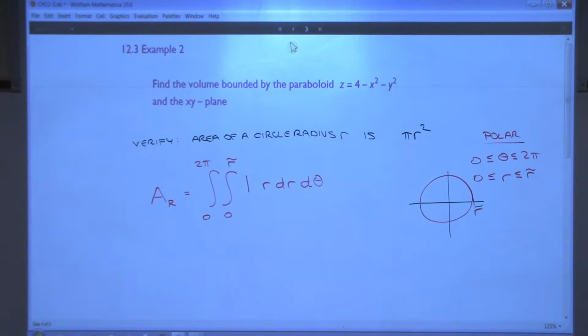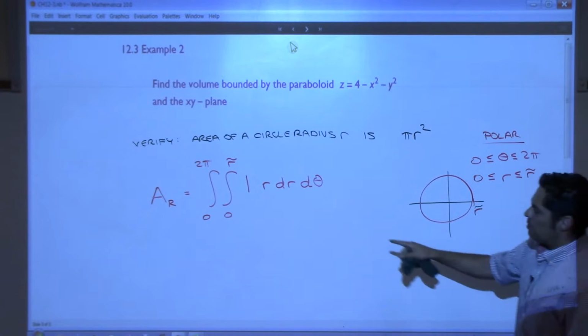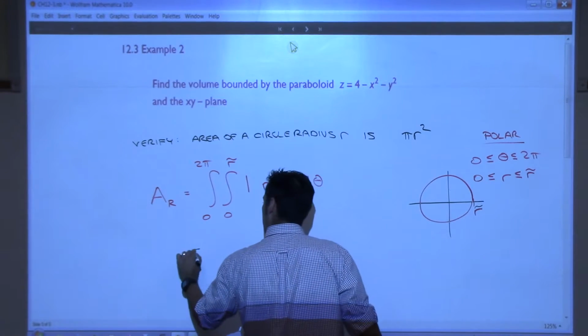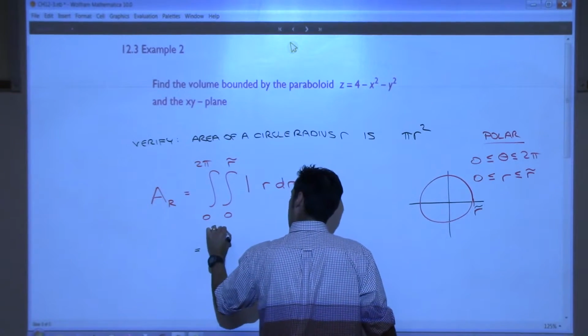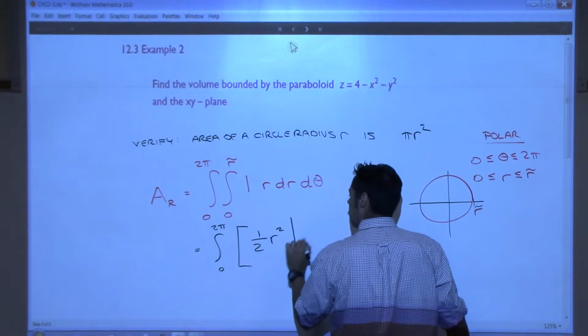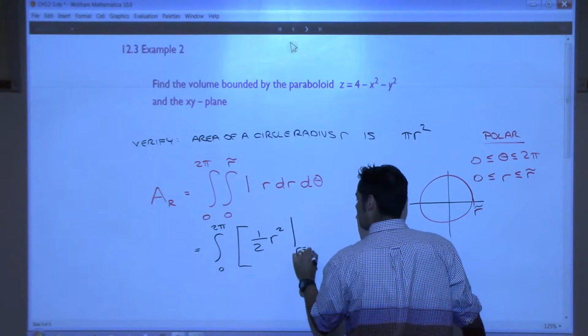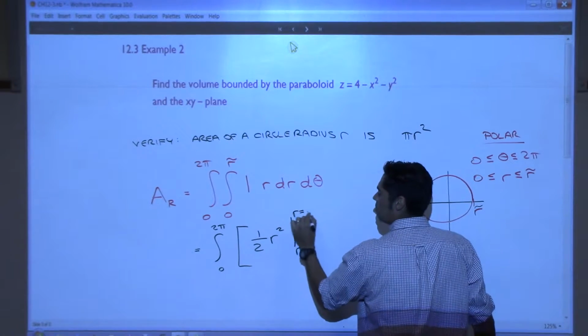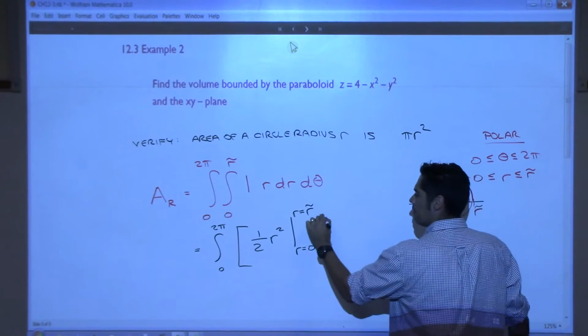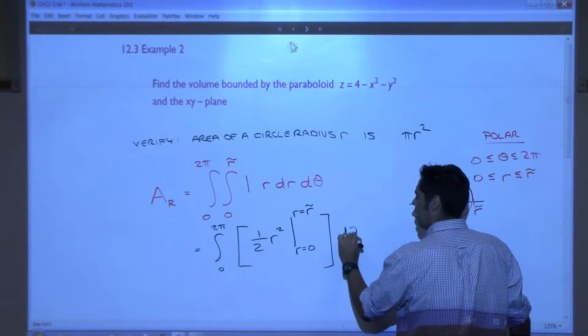Now, I could skip this one, but it's worth us finishing. What's the antiderivative of r with respect to r? 1/2 r squared. I'm going to evaluate that from r equals 0 to r equals r tilde, d theta.